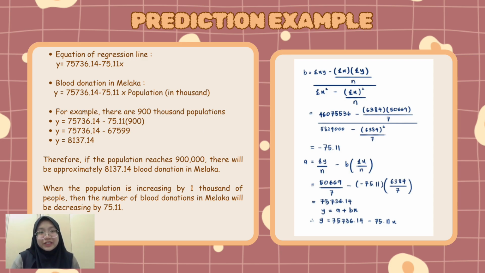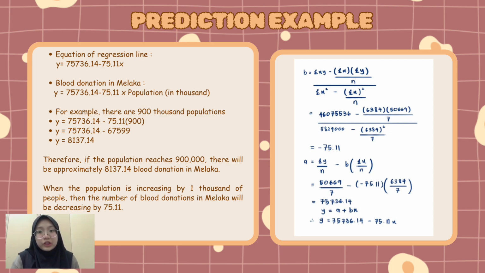Next, we can predict the blood donation in Melaka using the equation of the regression line that we got earlier. So let's say there are 900,000 people in the population, and we just substitute into the equation and we get y equals 8137.14.